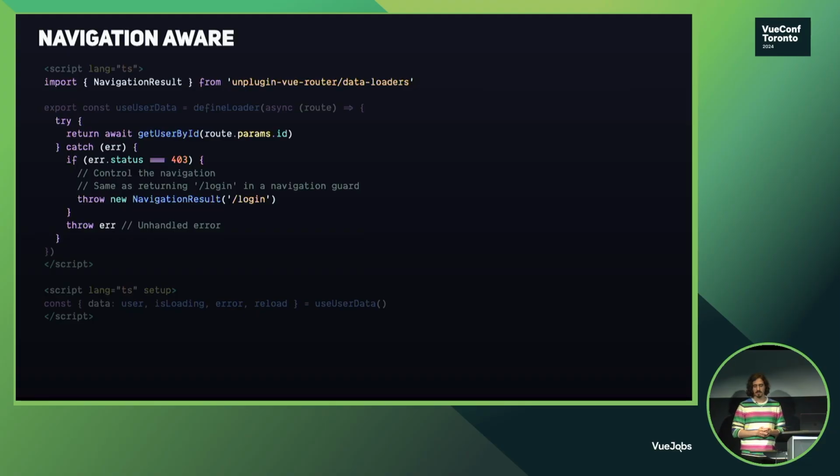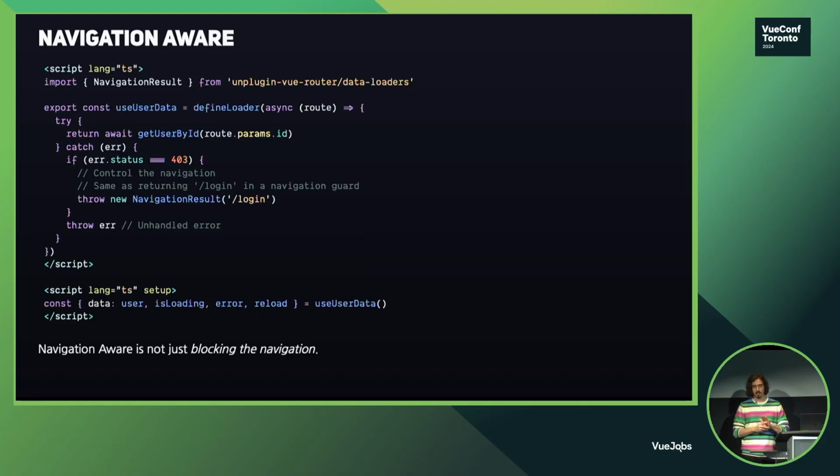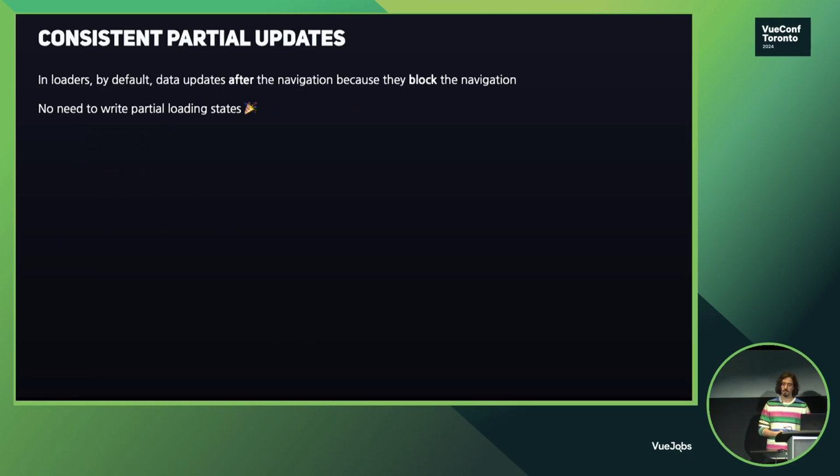But that's not all. Being navigation aware is not just about controlling the outcome of a navigation, and this is where things get really interesting in my opinion. It's also about consistency. So you know when you use a watcher, for example, you might have things updating at different times.